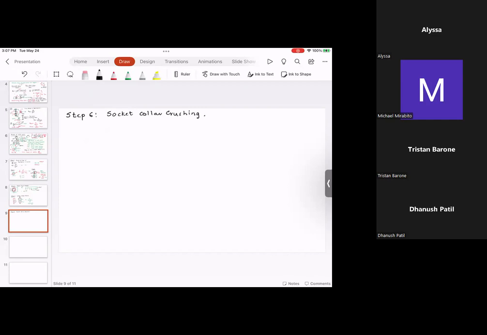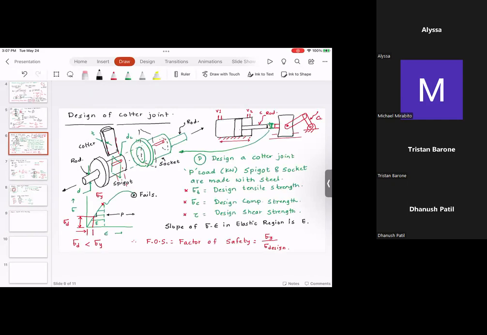So what happens in the socket collar is what you have. Let me give you this: the socket collar has an outside diameter D4.